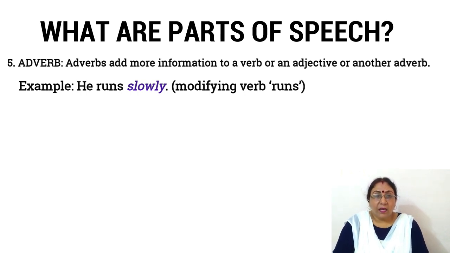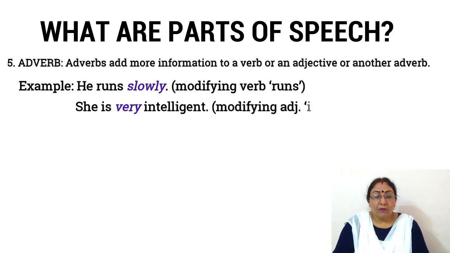It is giving more information about the verb runs. How does he run? He runs slowly. So it is adding a little bit more information to the verb run, or we can say it is modifying the verb run.